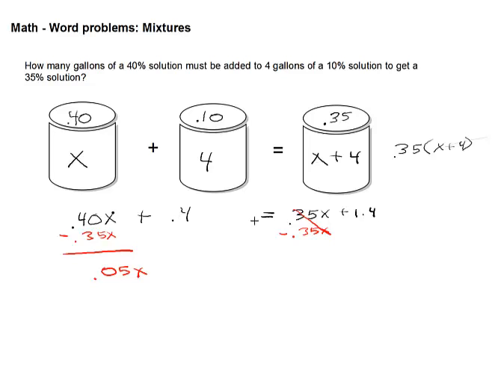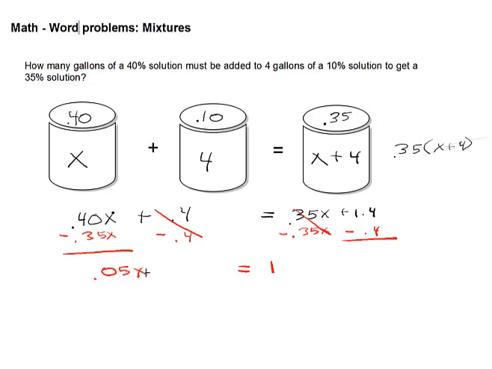And we want to get this to the other side, so we'll subtract that in the same step. So minus 0.4. And again, a positive and a negative, these are going to cancel. And then on this side, we'll have to subtract 0.4. And when we do that, we're left with just 1.